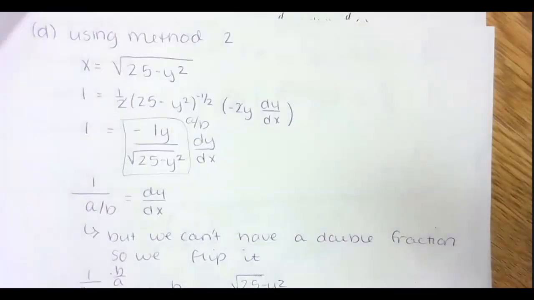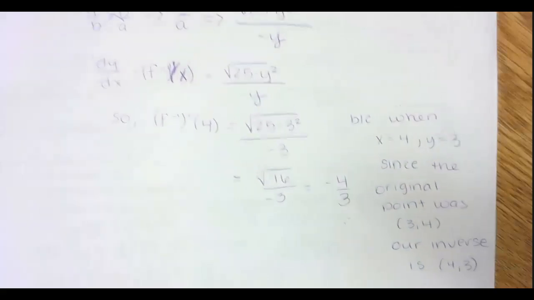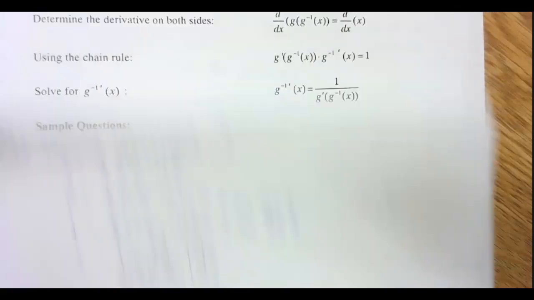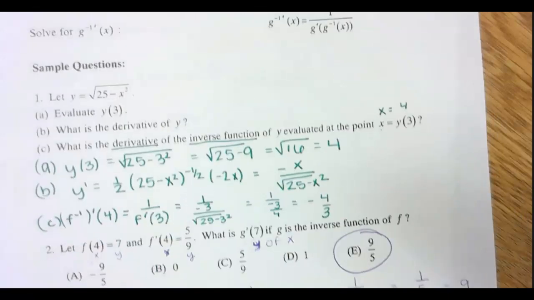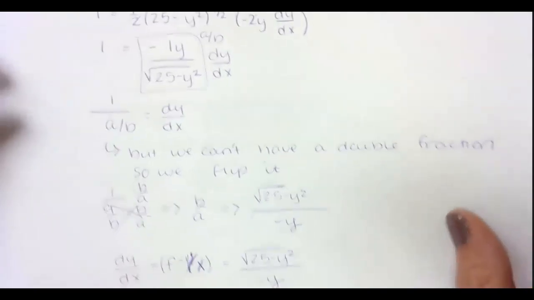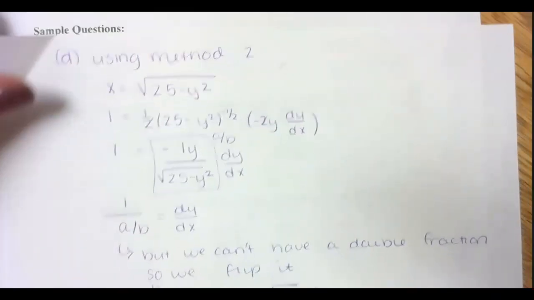And I found that as I was doing that, method 2 was getting messier and messier, and it took me almost a full page to go through the second method and all of the work for B and C here.